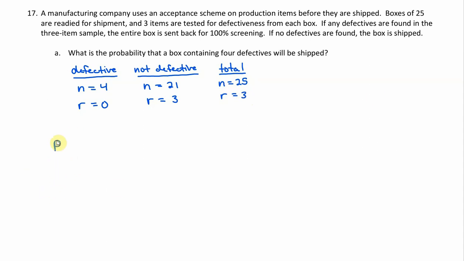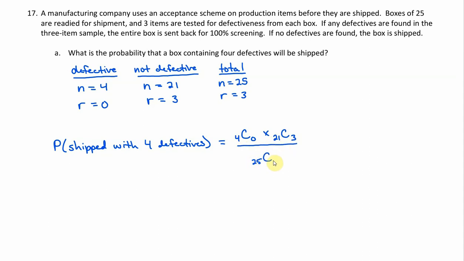So the probability that the box is shipped with 4 defectives would be, so it's 4 choose 0 for the defective ones, then 21 choose 3 for the not defective ones, and then the total number of possible ways you could pick 3 things out of 25.